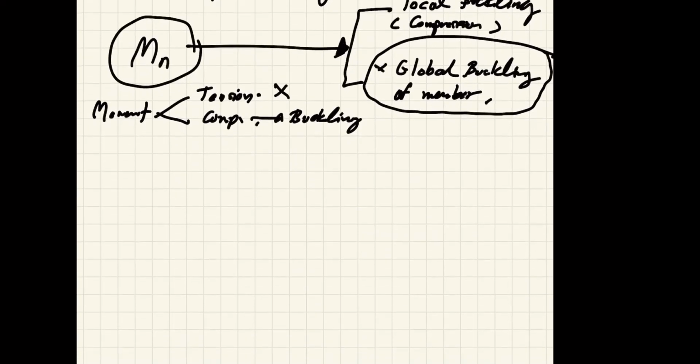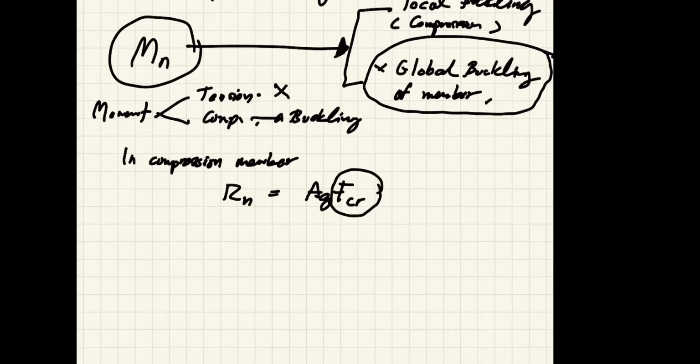Now, in a compression member, your nominal strength, let's call it Rn, maybe Pn, doesn't matter, is always the cross-sectional area multiplied by the critical buckling stress. So this is your problem, because you don't know when your member is going to buckle.